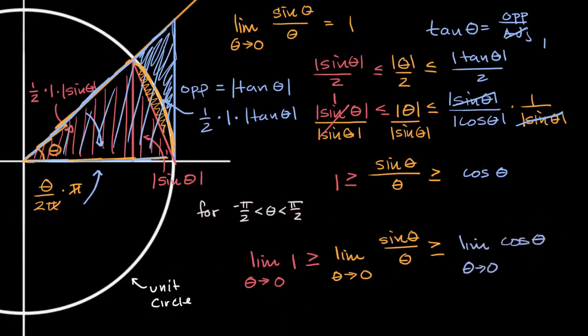Now this is clearly going to be just equal to 1. This is what we care about. And this, what's the limit as theta approaches 0 of cosine of theta? Well, cosine of 0 is just 1, and it's a continuous function, so this is just going to be 1. So let's see. This limit is going to be less than or equal to 1, and it's going to be greater than or equal to 1. So this must be equal to 1. And we are done.